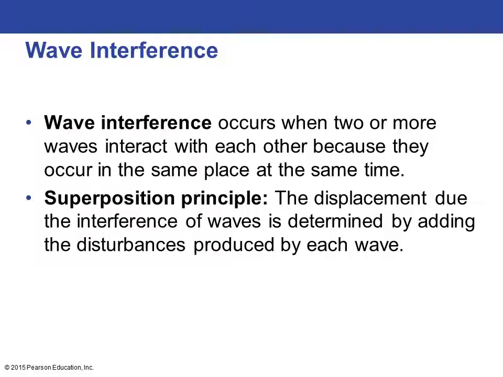And the superposition principle says that the displacement due to the interference of waves is determined by adding the disturbances produced by each wave. So if you have two waves moving in the same direction that overlap, the wave is going to get bigger. So simple adding. If the waves are going in opposite directions overlapping, then the wave is going to get smaller. So you're subtracting those waves.